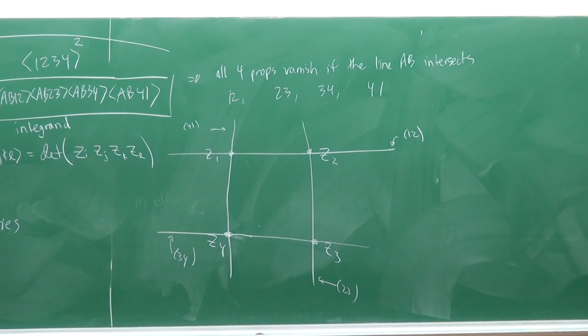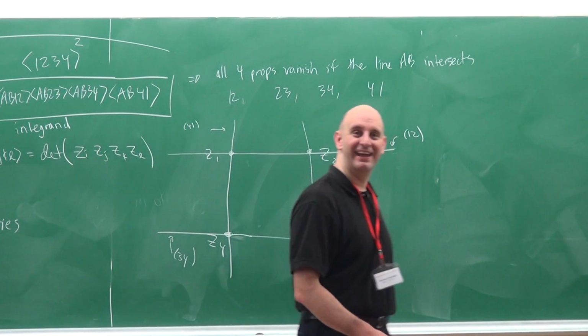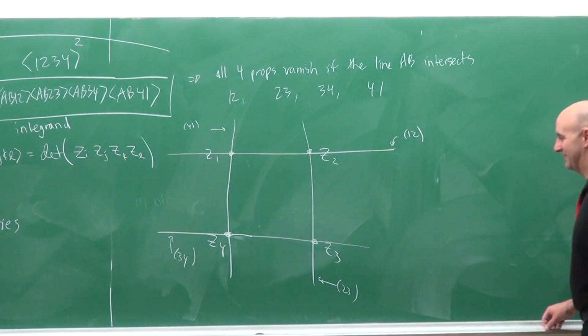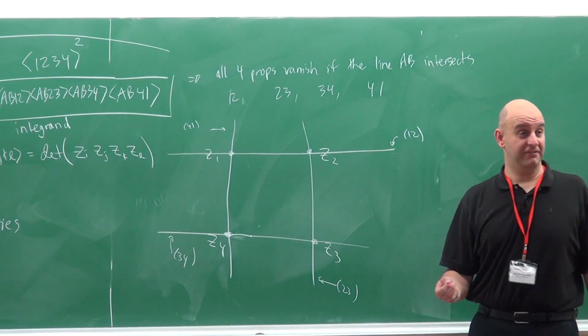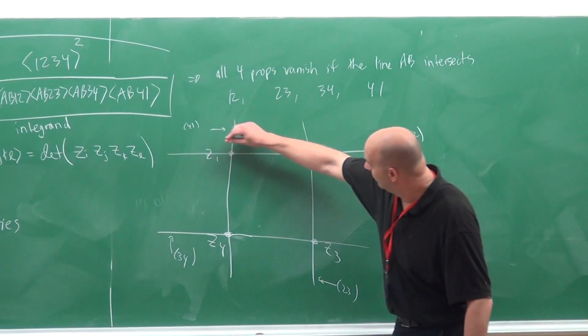Now, how can we pick a fifth line, AB, so that it intersects all four of those lines simultaneously? There are obviously two solutions.